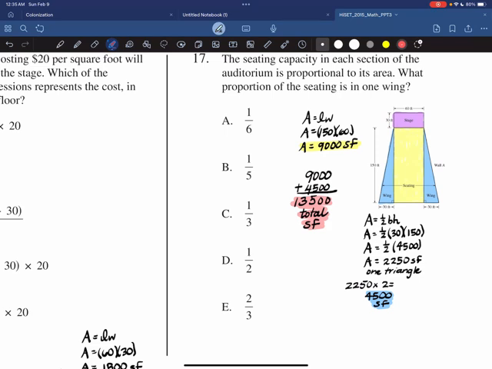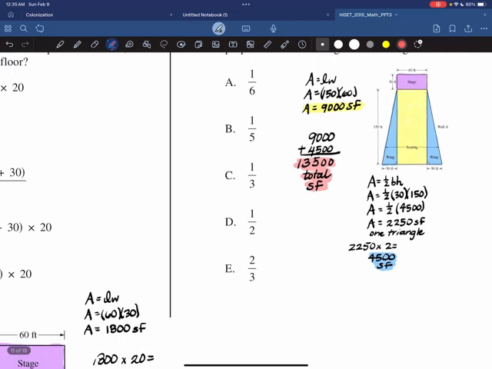The seating capacity in each section of the auditorium is proportional to its area. What is the proportion of the seating in one wing? So what we need to know to get our fraction is one wing over the total area.